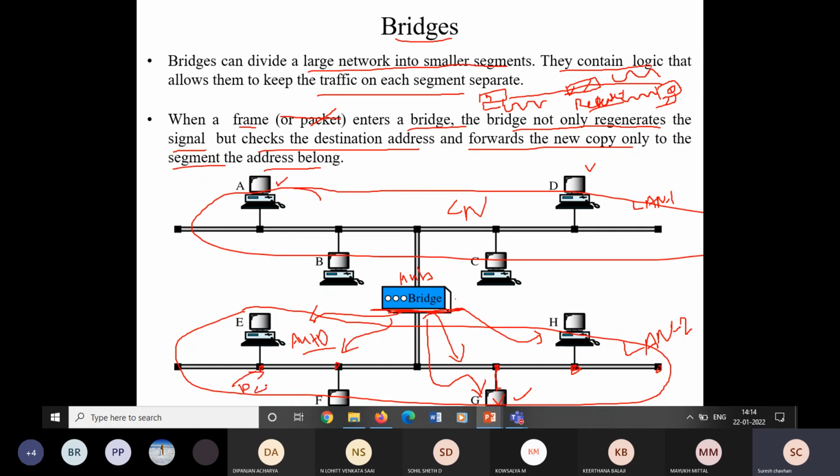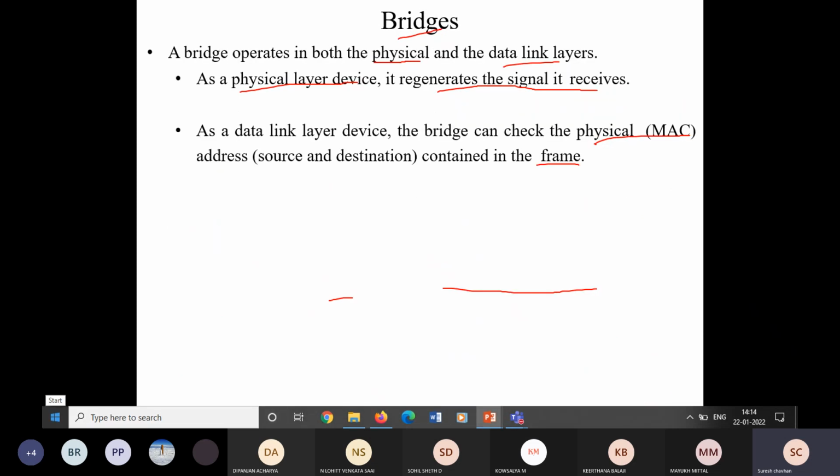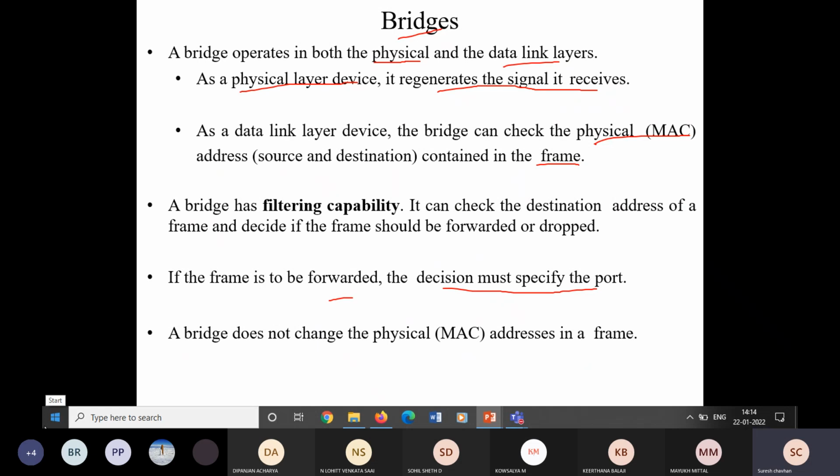Suppose the bridge has to send the packet to device G, then it has to go through this port. So this port number also the bridge should know, correct? That's why it says that if the frame is to be forwarded, the decision must specify the port also.